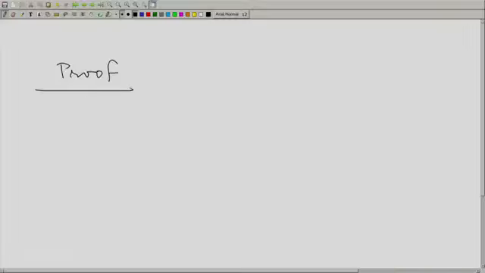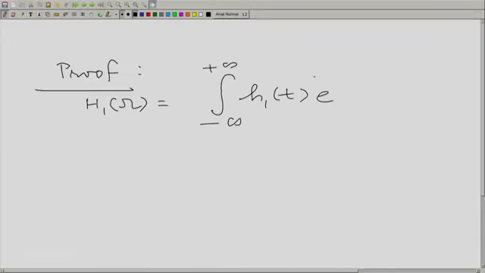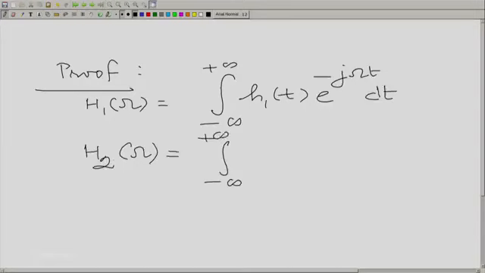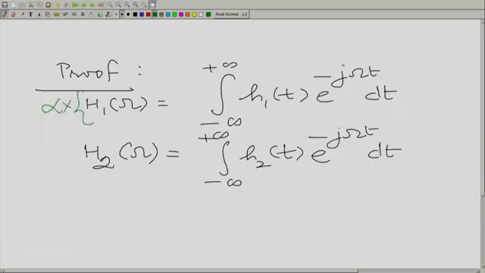So, a proof, very simple. Of course, H1 omega is equal to the integral from minus to plus infinity h1(t) e raised to the power minus j omega t dt, and that is also true of H2. Now, we multiply the first equation by alpha and the second one by beta and add these, and that gives us the property.